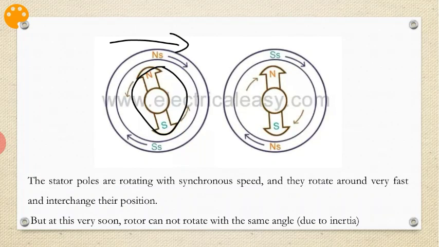The rotor has fixed poles because we are exciting it with DC supply. So the torque fluctuates between positive and negative values, but its average value remains 0.